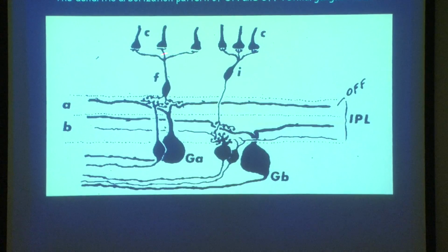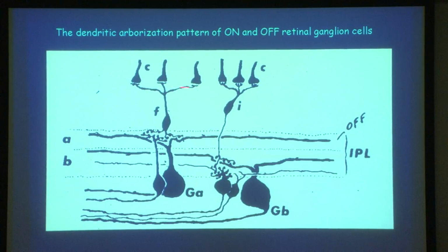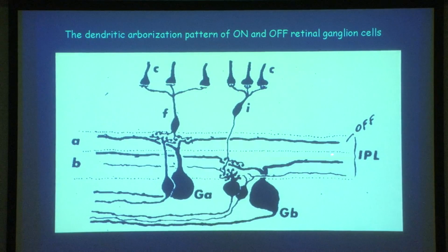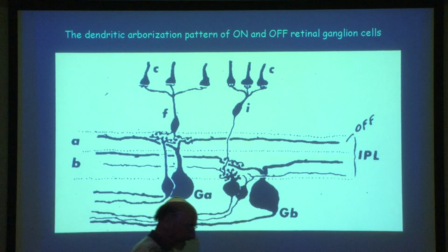Here we have the photoreceptors, just the tail end of them, if you will, that connect to the bipolar cells. Two bipolar cells are shown, and then they project into the inner plexiform layer, which we often just refer to as IPL, which is subdivided into two parts, A and B. And it was shown that the majority of cells arborize in either one or the other of these two sublamina in the inner plexiform layer.